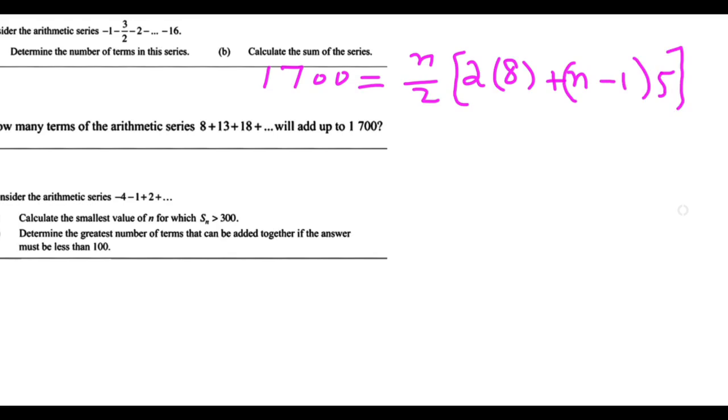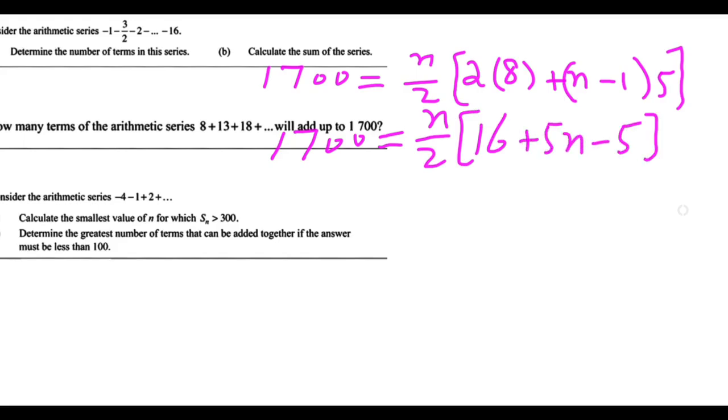Now we're going to solve the equation for n. 1700 is equal to n over 2. This becomes 16. I'm going to simplify, and 5 times n is 5n minus 5, close bracket.